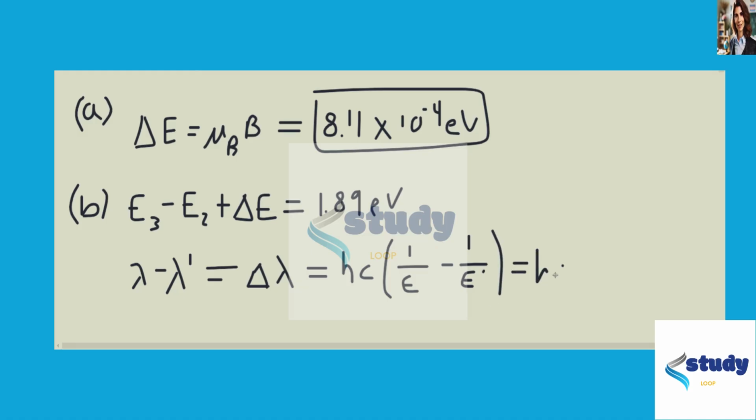So hc times E prime minus E over E times E prime.